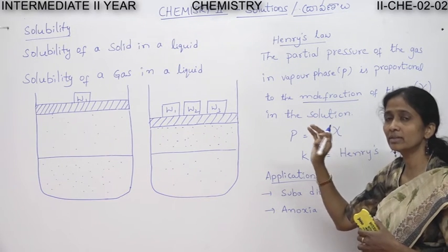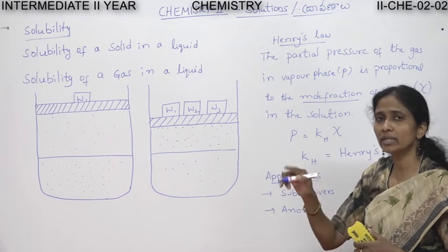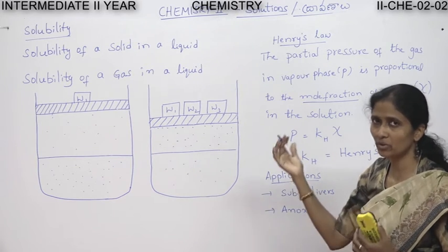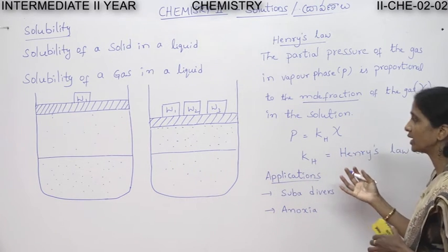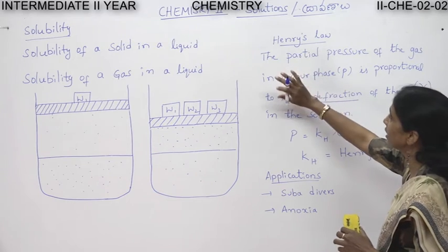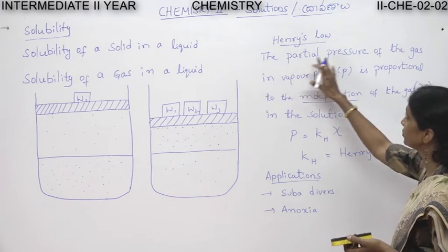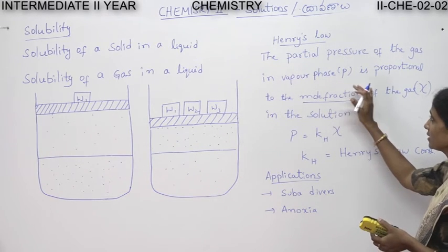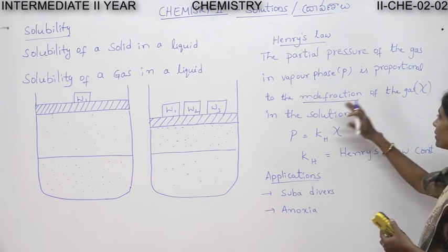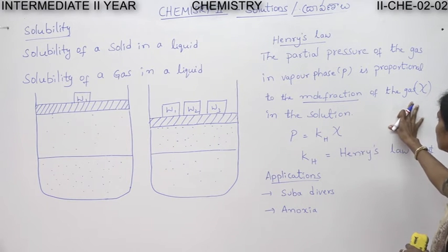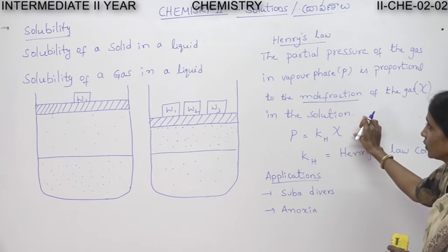We have already done this. So once more, Henry's law: the partial pressure of the gas in the vapor phase is proportional to the mole fraction of the gas in the solution.